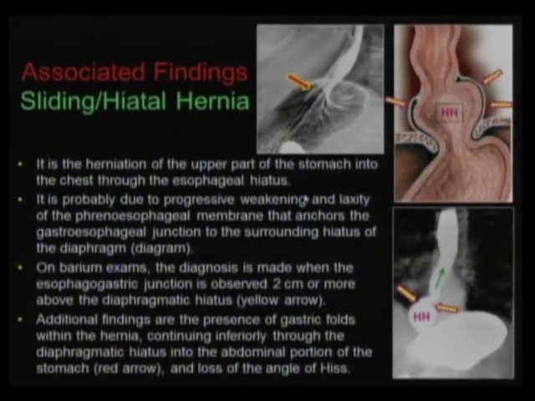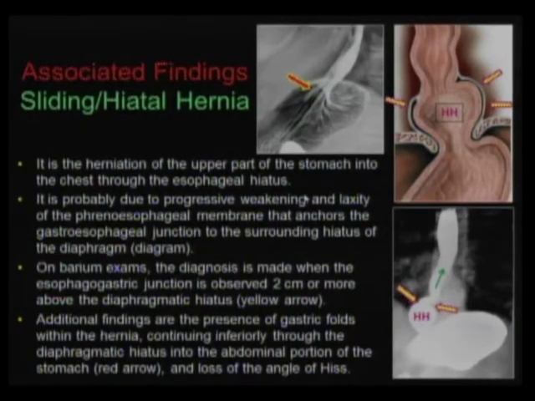So when we see the esophagogastric junction more than 2 centimeters above the diaphragm, our conclusion is that probably there is a hiatal hernia. Sometimes we can see some folds arising from the hiatal hernia or from areas above the hiatus of the diaphragm that is here, going through the hiatus of the diaphragm into the stomach and continuing within the stomach.